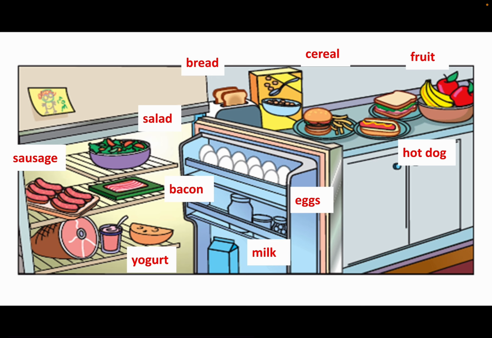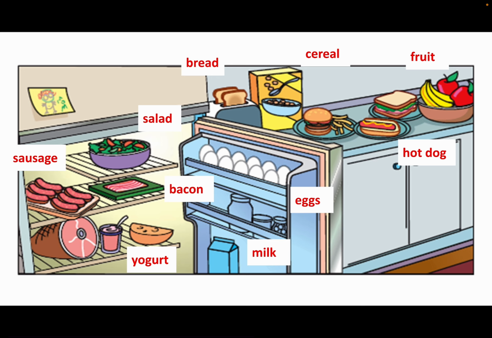Number 2, los huevos están debajo de la leche. Huevos, the eggs, are debajo la leche, the milk. Number 3, las salchichas están al lado del tocino. So salchichas or sausages are al lado del tocino.